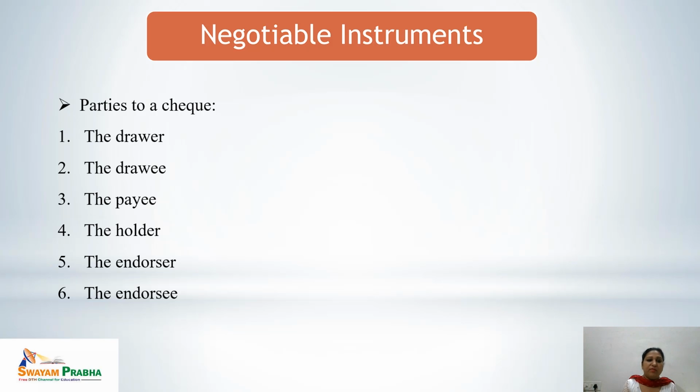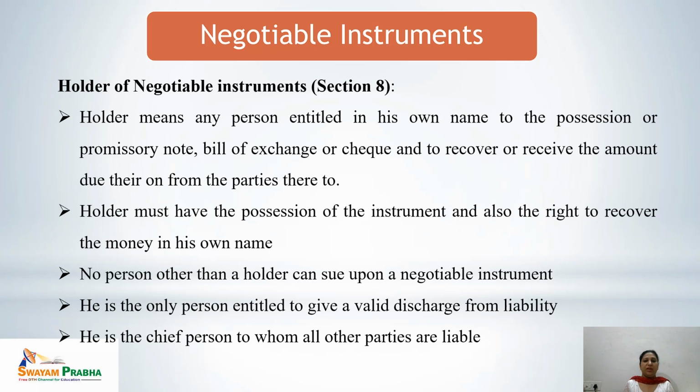So by now we have read about the parties involved in a negotiable instrument. Next is the holder of a negotiable instrument. Section 8 defines it. We have also read the meaning of holder in previous slides, but here there is a detailed discussion on the meaning of holder of the negotiable instrument, covered by Section 8 of the Negotiable Instruments Act 1881.